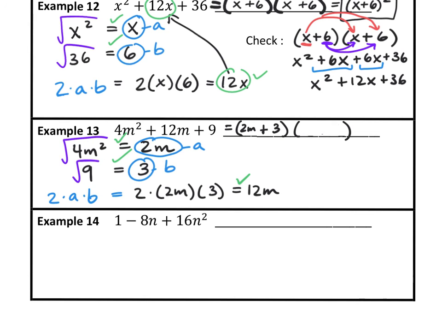So I delete this, and it's going to be 2m plus 3. So that's my answer. So you can keep it like that, or you can rewrite it as 2m plus 3 to the second power. Both answers are okay.